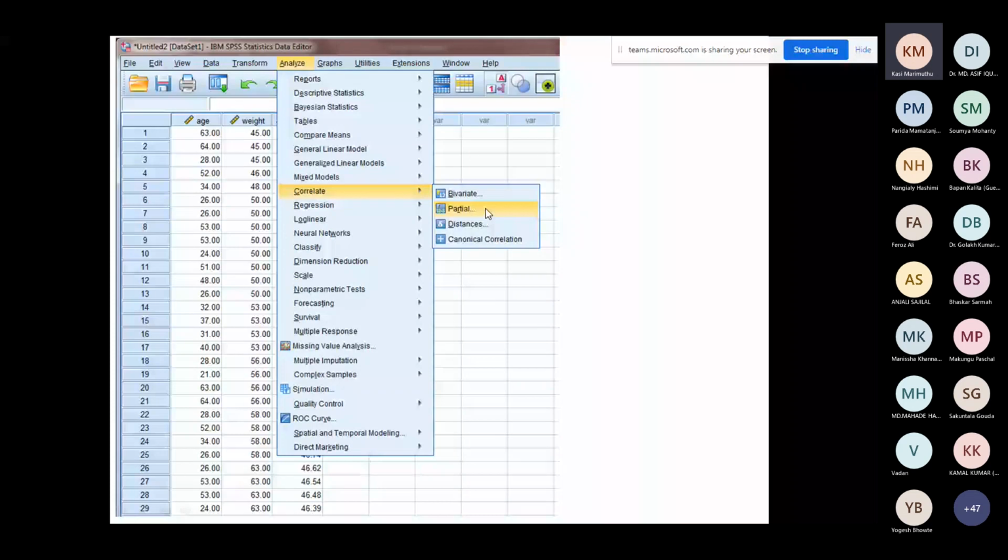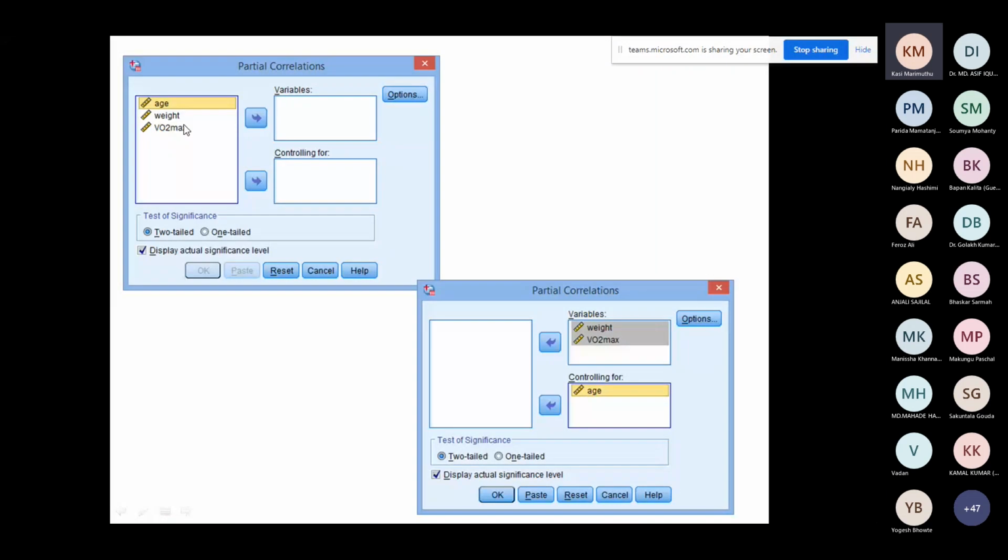Below the bivariate, there is a partial correlation. You will get this window. Your independent and dependent variables need to be in the variables box. Your controlling variable, your confounding variable or covariate, should be in the controlling box. So in this case, weight and VO2 max should go into this. Age should go into this.